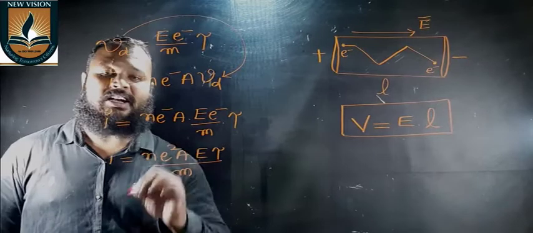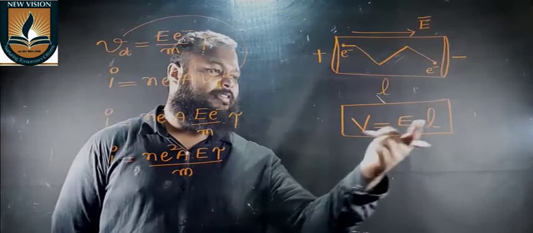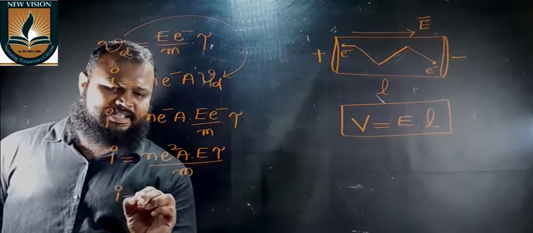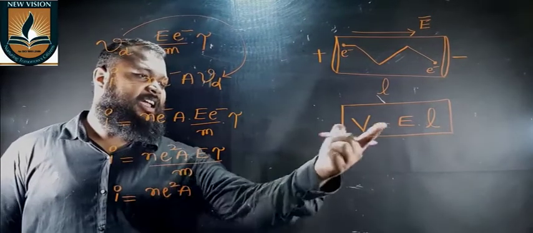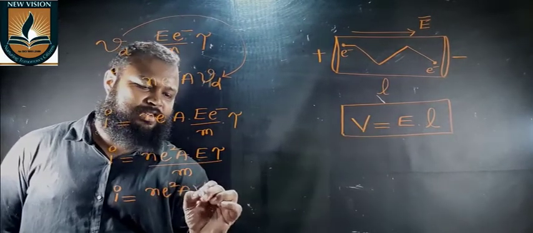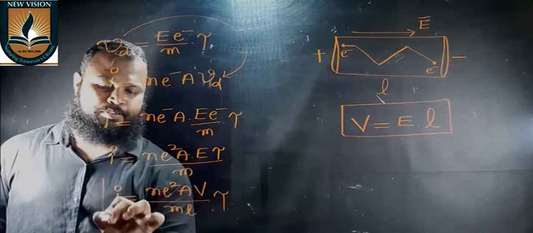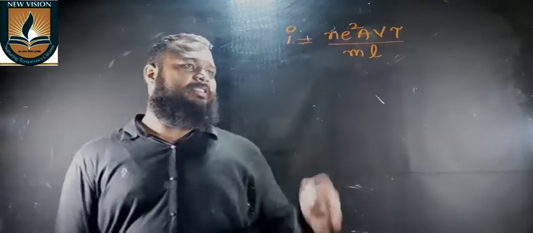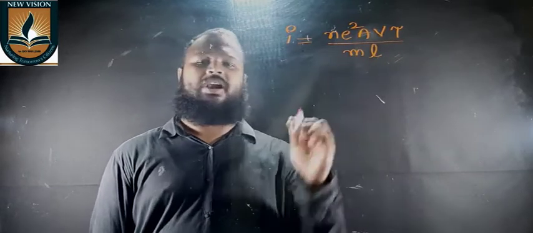So what is E here? Electric field. Just put E = V upon L and continue this equation. Then I = ne²A, and E is V upon L, so this is V upon mL into tau. So this was the equation I was discussing about: ne²AV tau upon mL.